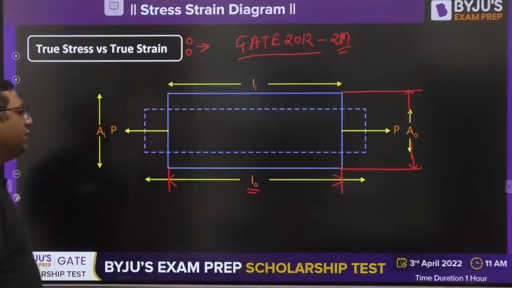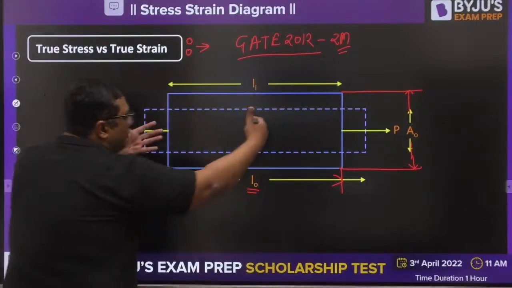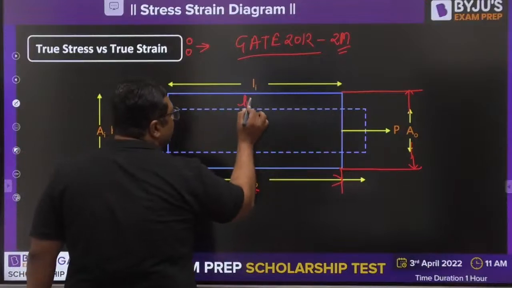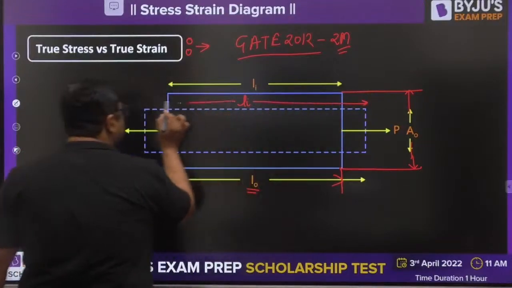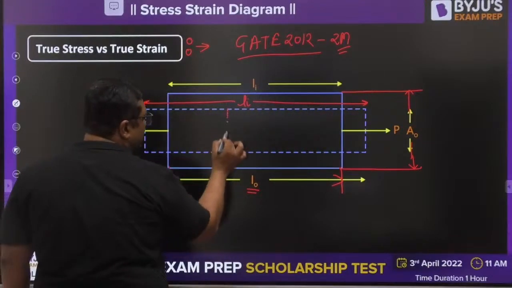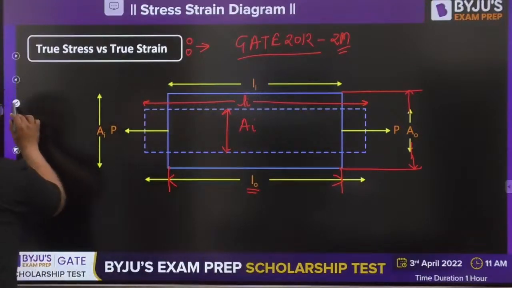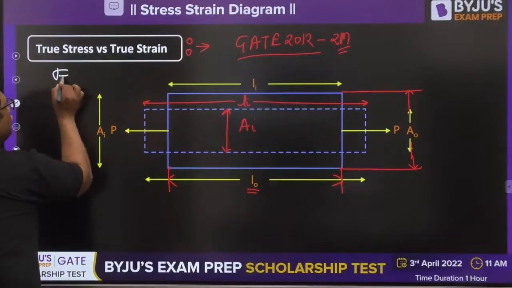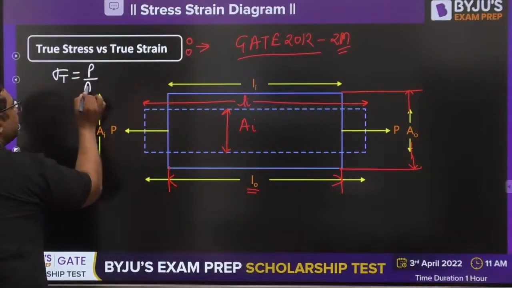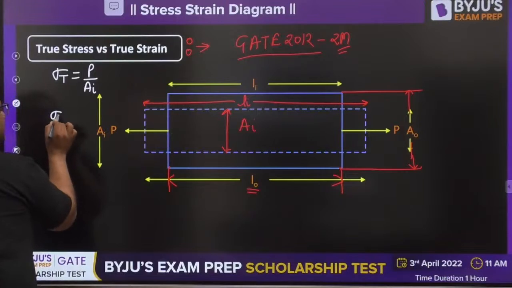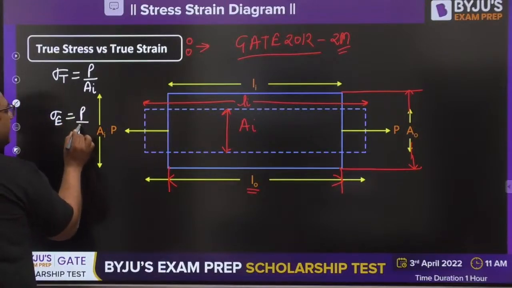Okay, this is original. Then after that, when you are going to load it, at some instantaneous length becomes this and instantaneous area becomes this Ai. So you know, if I would be defining here the true stress value, true stress would be load by instantaneous area, and engineering stress would be load by original area.